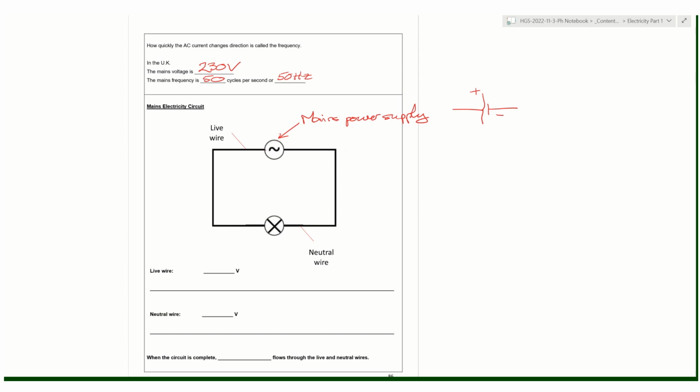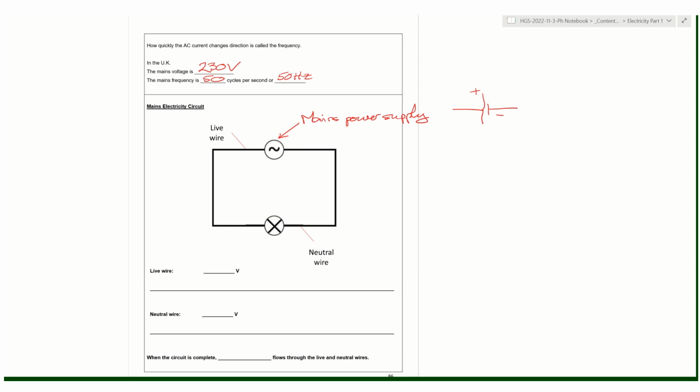Now there are two wires here. There's one connecting this side of the power supply to this side of the lamp. And then there's a second wire connecting this side of the lamp back to the other side of the power supply. And those have particular names. This one is known as the live wire, and this one is known as the neutral wire. And they have different jobs.